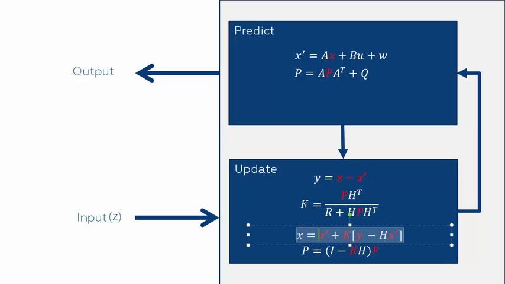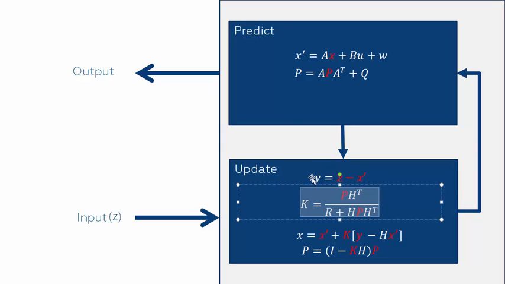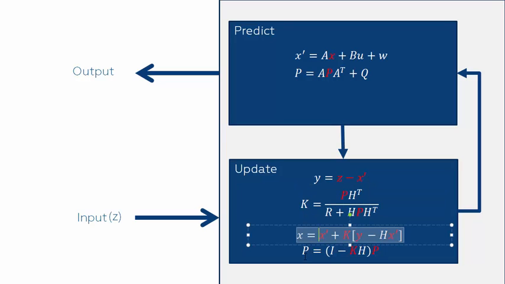Once we have the error and how reliant we are on our prediction or measurement, we are ready to calculate our new state and the uncertainty of our prediction.